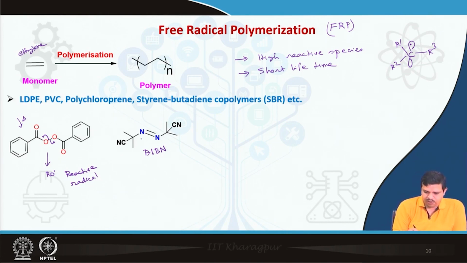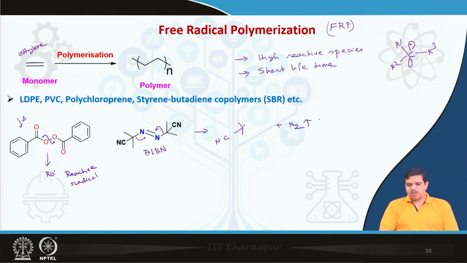Here, nitrogen comes out, dinitrogen. So, this is the driving force. So, the radicals we routinely use to initiate the polymerization in free radical polymerization.